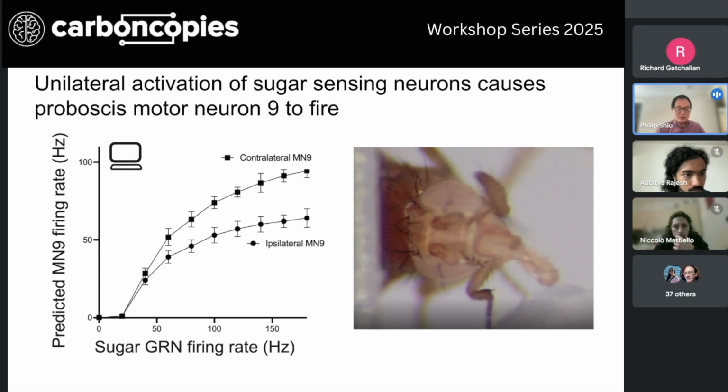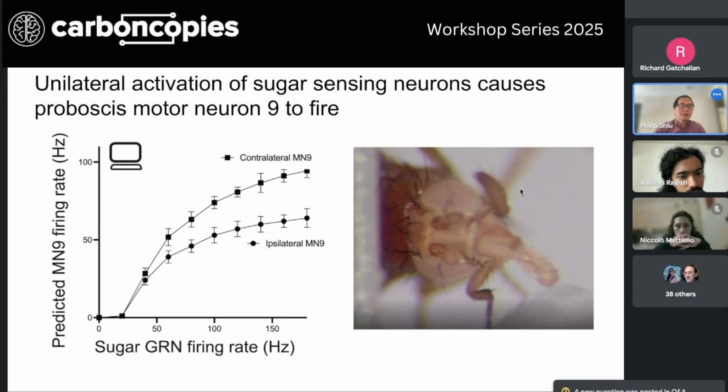And the expectation, well, we didn't know what we would expect, whether or not the model would actually work. But the simplest thing we would hope for is that activating these sugar sensing neurons should be sufficient to activate the motor neurons that cause the proboscis to extend.